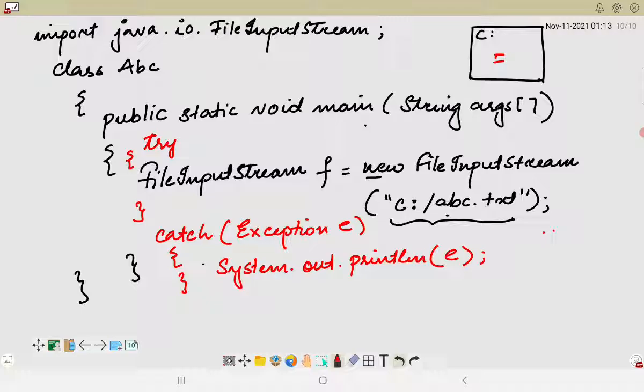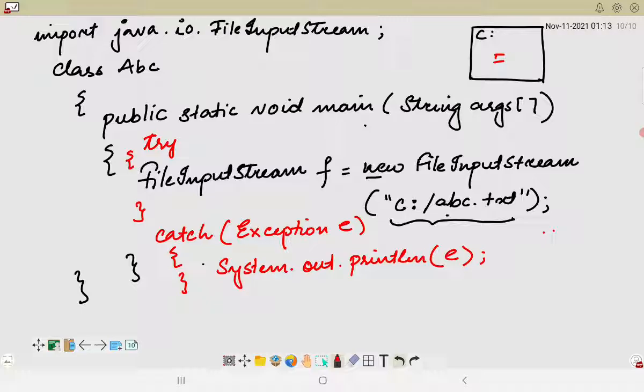So this is a type of compile time exception, or a checked exception. This checked exception is occurring because at compile time itself we are getting an unreported exception saying that there might be an exception because the file might not be present.